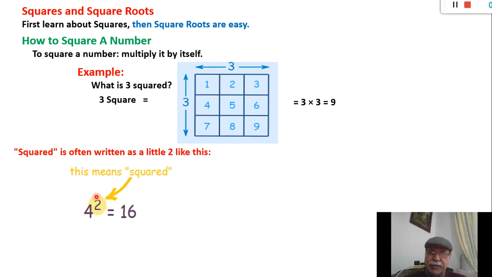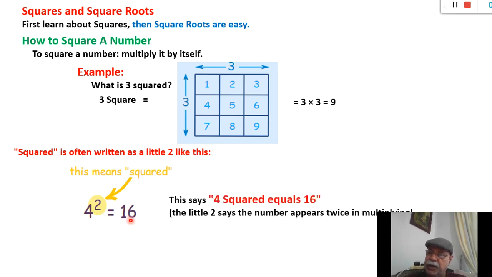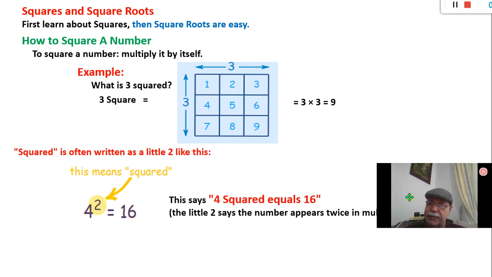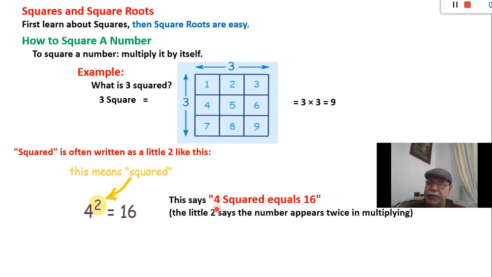Square meaning مربع، يعني the number times itself. 4 times 4 is 16. Written like this, 4 square equals 16, because the little 2 means multiplying the number by itself 2 times.